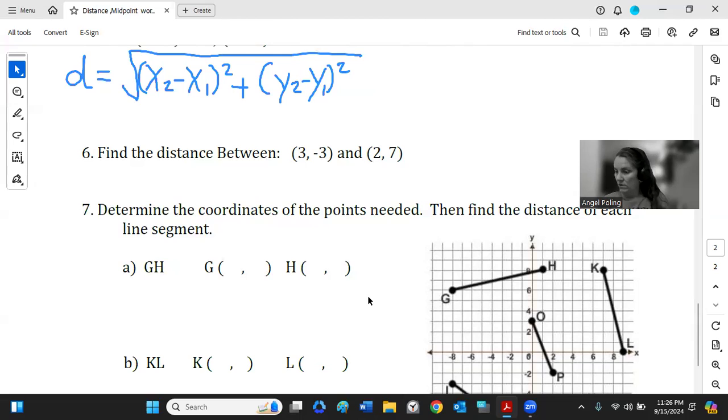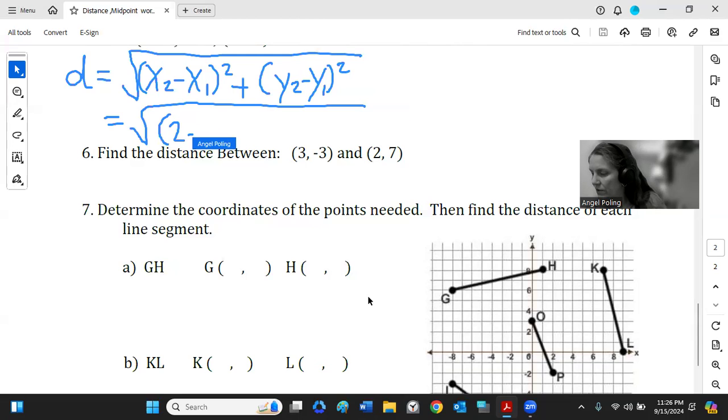Okay, so just in a plug and chug fashion, we've got the square root of 2 take away 3 quantity squared plus 7 take away negative 3 squared.